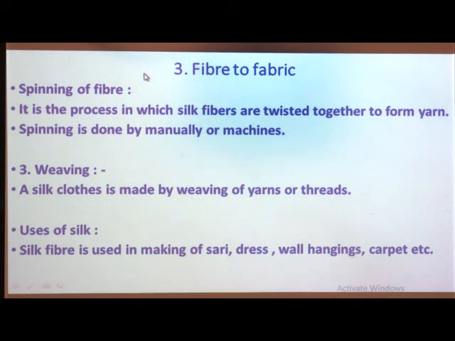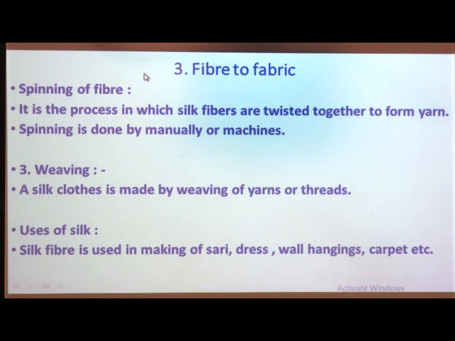It means we have to collect the eggs of silkworm, then make them feed on mulberry leaves. When the caterpillar hatches out, we have to provide them food to become larger in size, and when they complete their second stage, they go into the third stage.